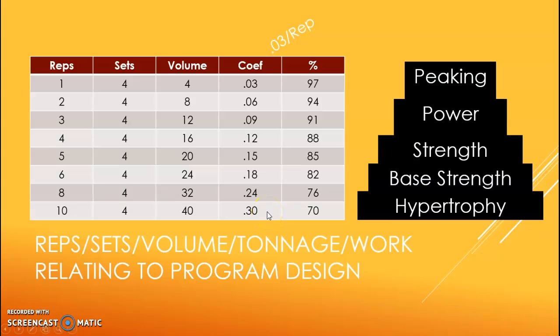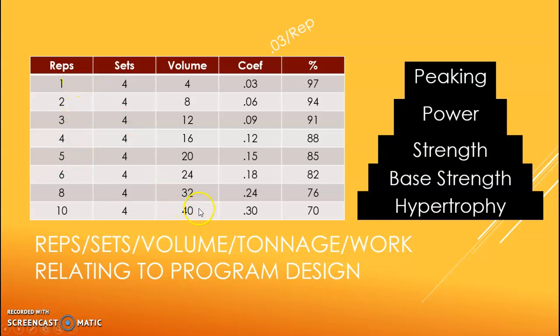But notice what happens with this. We put this side by side so you can juxtapose these two. You have this base strength kind of hypertrophy phase down here where it's higher volume. As you progress through and you go towards the peaking phase, it's lower volume. And that's total volume, right? Because we kept the sets the same. We just dropped the amount of reps we did per set.